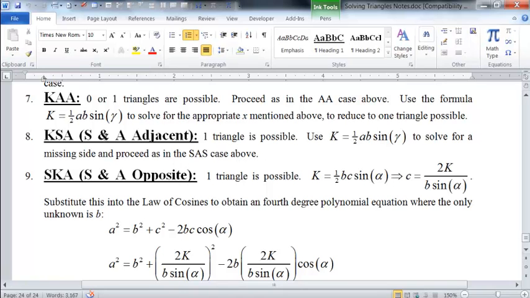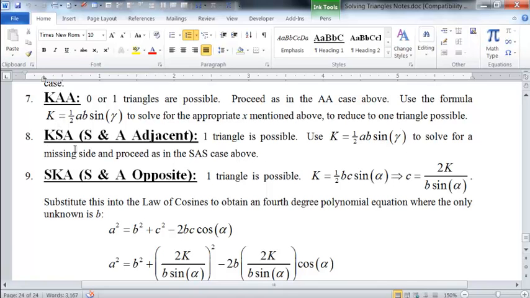So if you have a K and two angles, you can proceed in the angle-angle case, but then you can use knowing what K is to solve for the special proportionality constant, and that will narrow it down to this particular one.